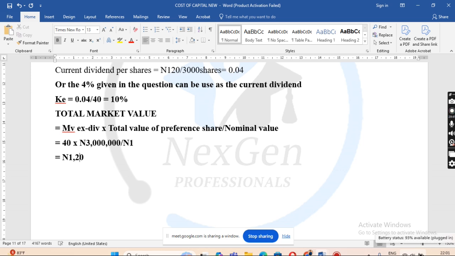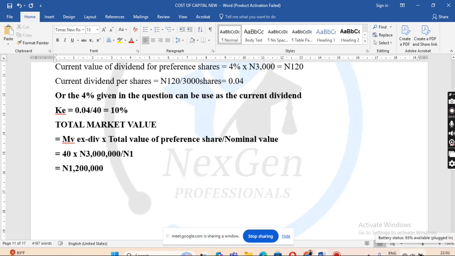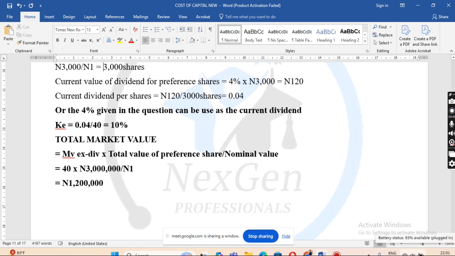Okay, 1.2 class. And this is how you will be calculating your total market value, whether it is equity or debt. You calculate your cost, you calculate your total market value.